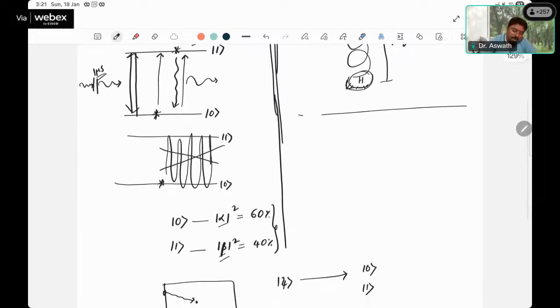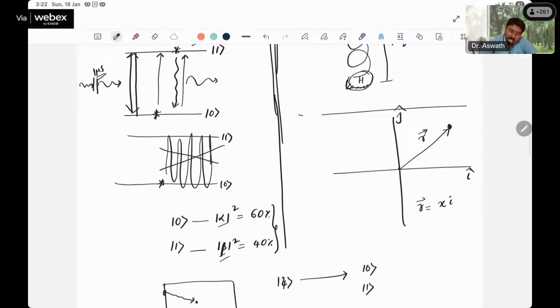If you take a two-dimensional Cartesian coordinate system, let's say there are i cap and j cap along the x-axis and y-axis. Let's say somebody is at some point on a surface. If I have to specify where this person is standing with respect to some reference point, you draw a position vector r to that point. r is xi plus yj.